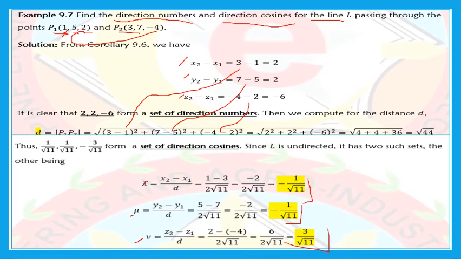Basta madalas nyo na directed lines kung given nyo na undirected na dito line. Tapos may dalawa ka sets, so set of direction cosines yun. So, opposite ang sign.